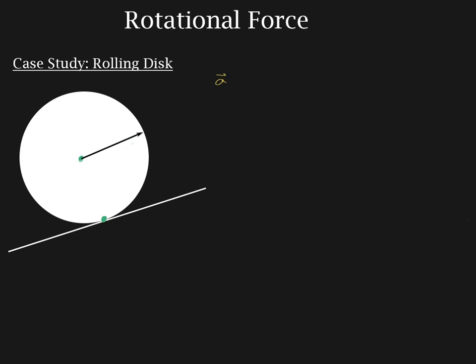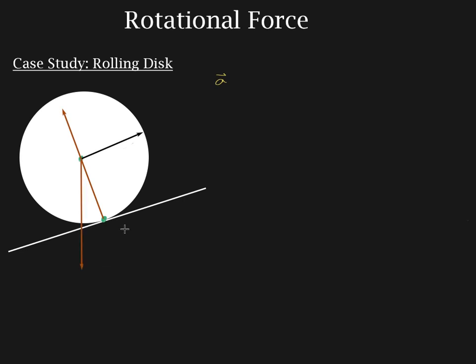And the actual forces for our disk are going to be the normal force, which starts at the point of contact and actually passes through the center of mass and points in this direction. We have the force of gravity, which originates at the center of mass and points in the down direction.